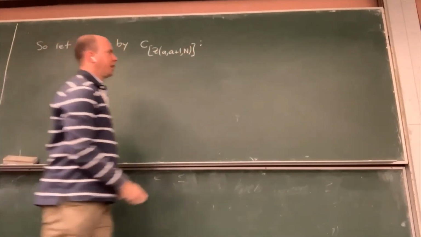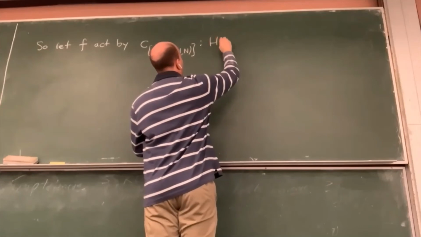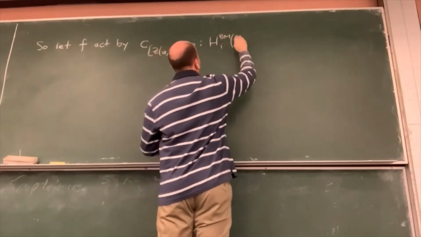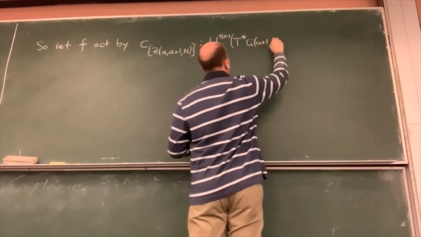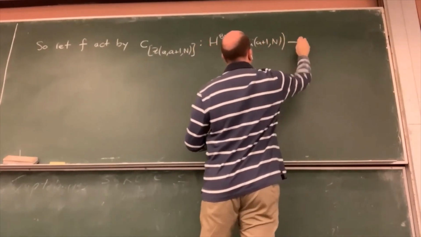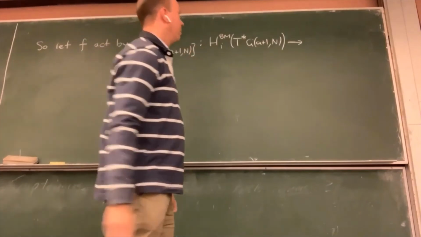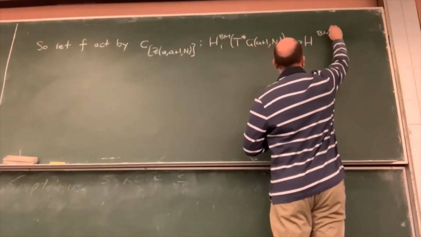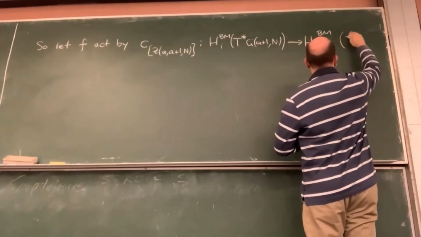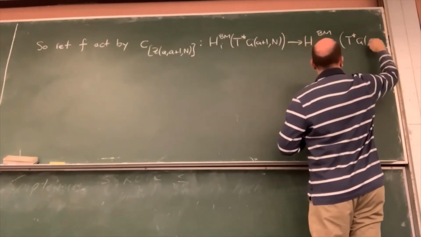So that'll go from the ith Borel-Moore homology of the cotangent bundle of G A plus 1, n to the Borel-Moore homology in some degree of the cotangent bundle of G A, n.